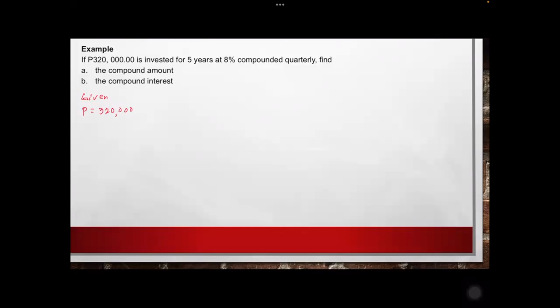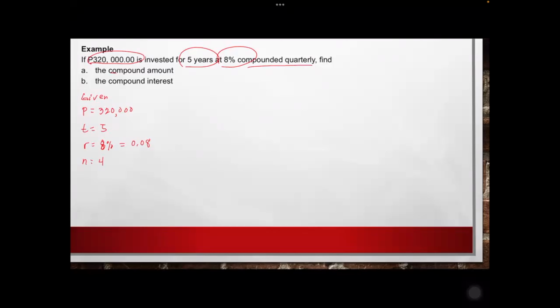Then, the time is 5 years. Tapos, R is equal to 8%, which is equal to 0.08. So, nakalagay dito, compounded quarterly. So, therefore, N is equal to 4.